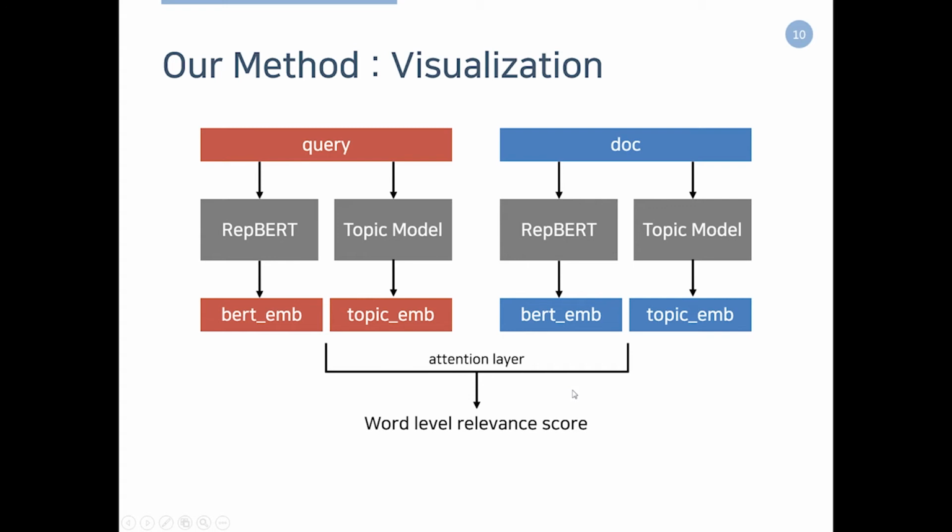And one more, we need to visualize this result, so we also use an attention layer here instead of just the dot product. Therefore, we can get a word level relevance score. How it looks and how it works I will explain later.